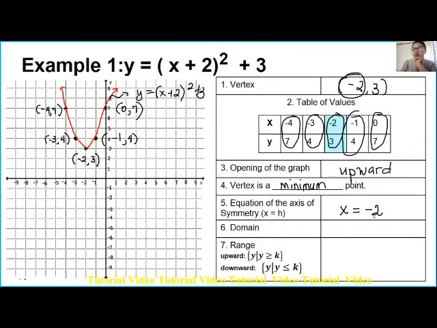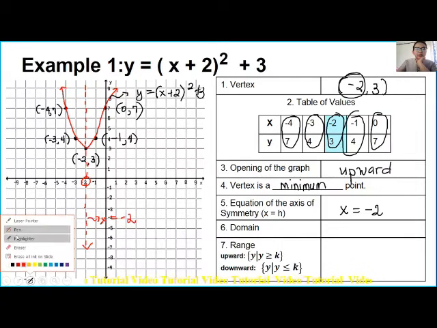That's why x equals negative 2 is the equation of the axis of symmetry. Let us draw the axis of symmetry in our graph. So just draw a broken line passing through the vertex. As you can see, it will pass through negative 2. That's why the equation of the axis of symmetry is x equals negative 2. So we can also label this as x equals negative 2.